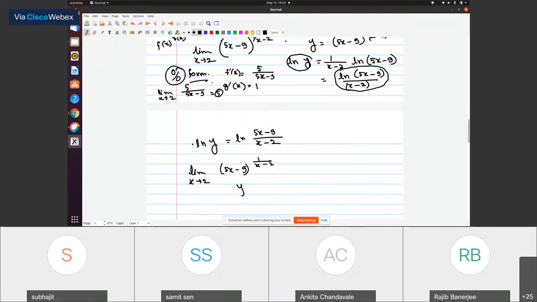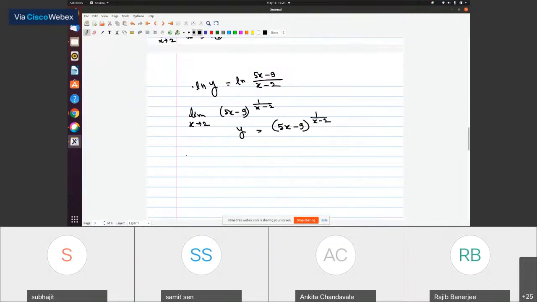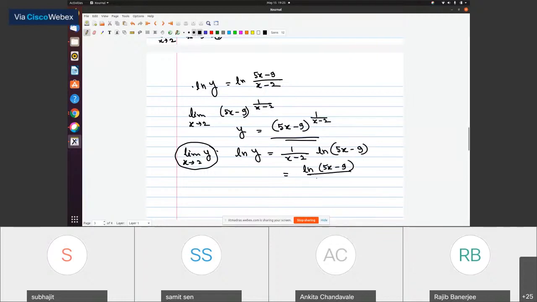So I am taking my y to be this function. I have to calculate the limit as x tends to 2 of y, and my y is this function. Now I am taking log on both sides, so the power will come in front and I will get this function, which is nothing but log of (5x minus 9) by x minus 2.